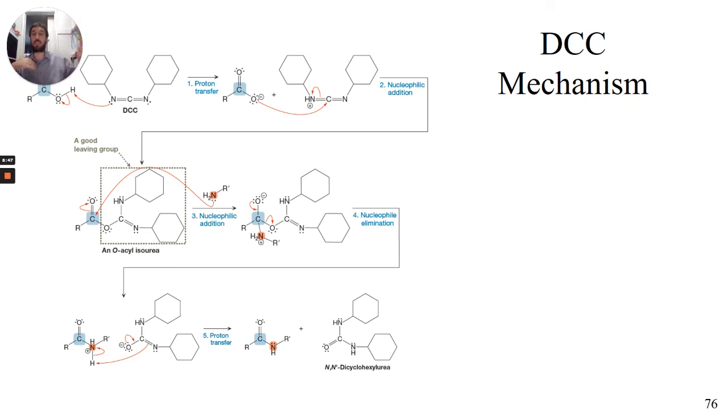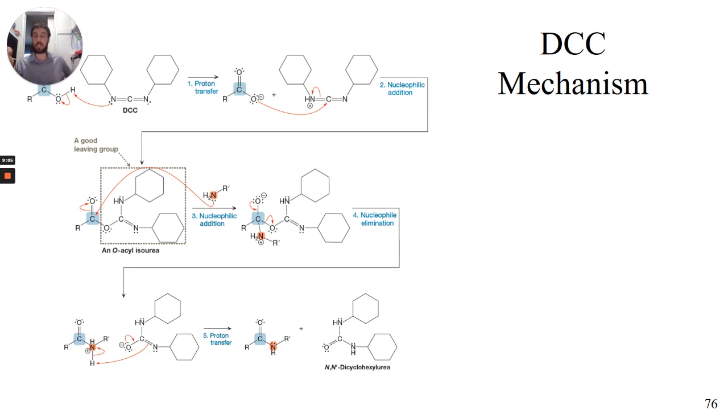Okay? So DCC facilitates that. Now we can bring in our amino acid, or the next amino acid we want in our sequence.